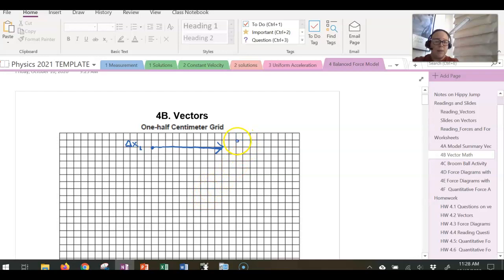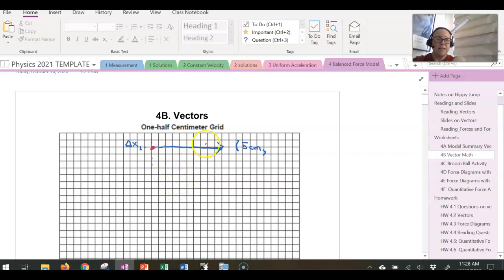So the magnitude of this displacement vector is 5 centimeters. The angle would be, if I assume that I have put the vertex here at the origin, and then I start at the positive x-axis and rotate until I bump into my vector, I don't have to travel anywhere at all, right?